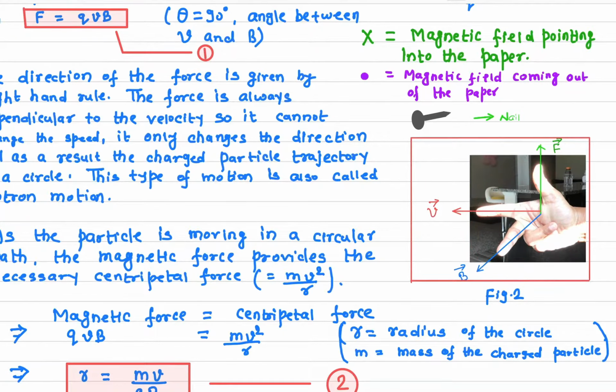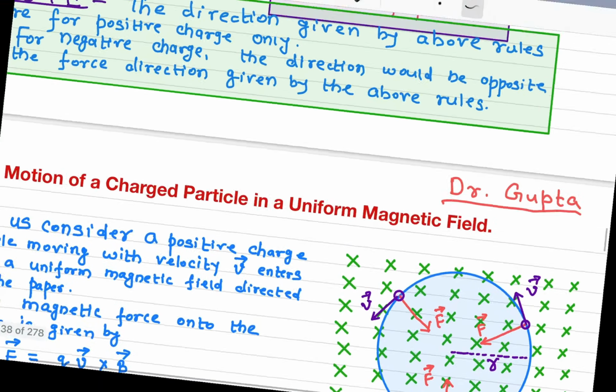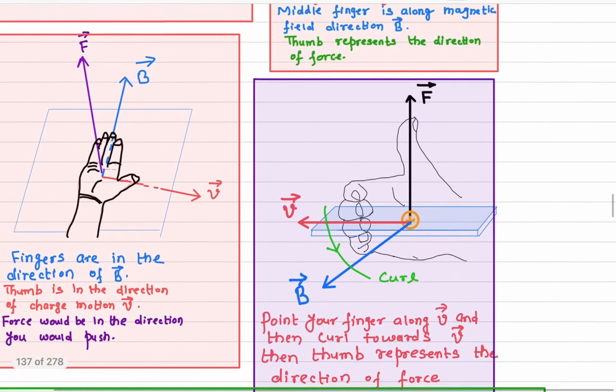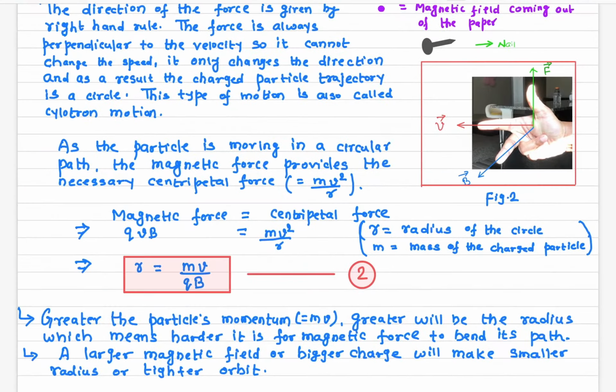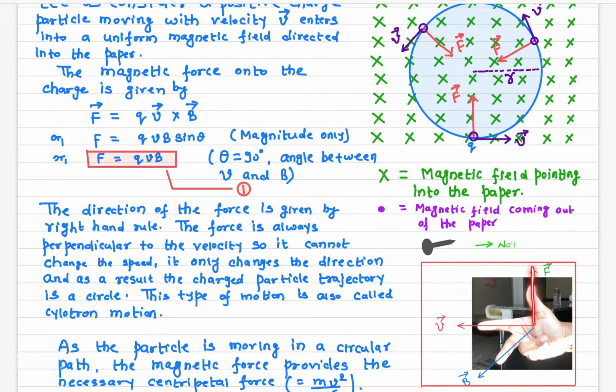So you have to first set your right hand this way and align the index finger in the direction of the velocity, in this case this way. Sometimes you might have to twist yourself a little bit, and your magnetic field has to go into the paper here. Then your thumb will point out the direction of the force. If you do that, you'll find the direction of the force is this way, and it has to be, because the force has to be perpendicular to the velocity and to the magnetic field.